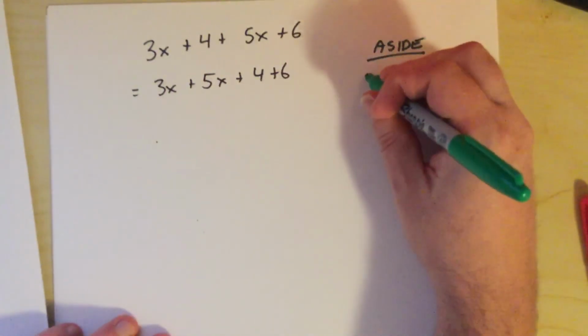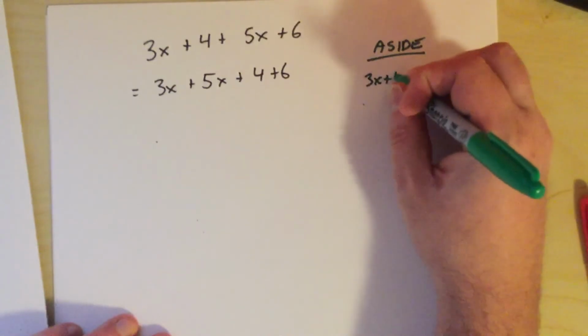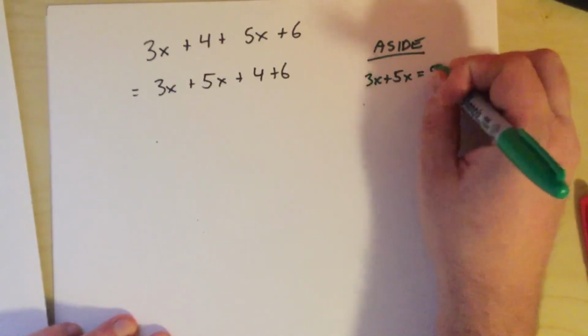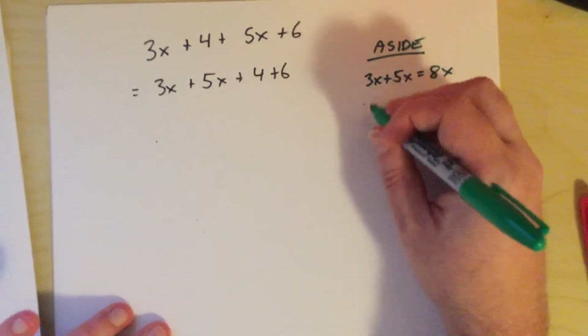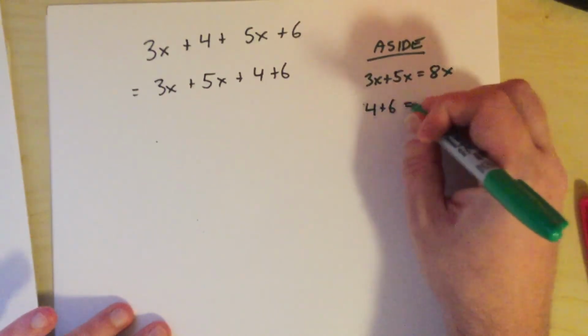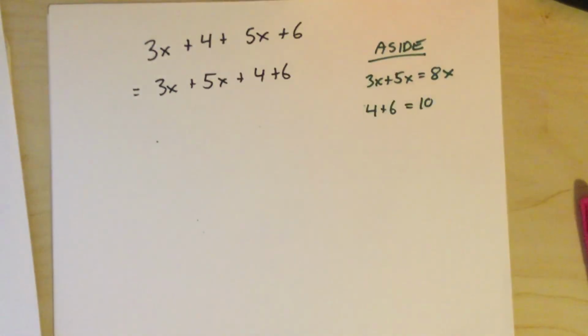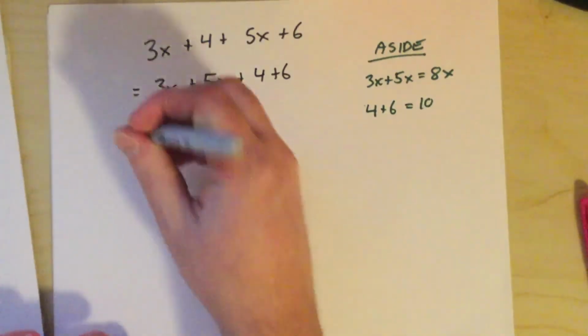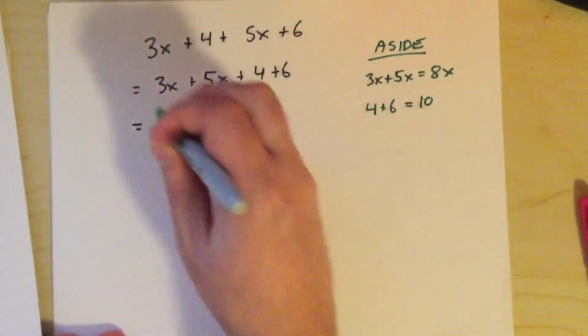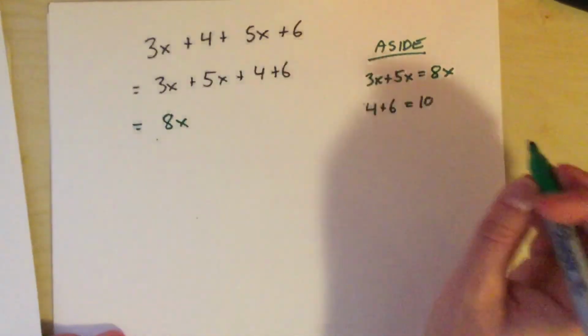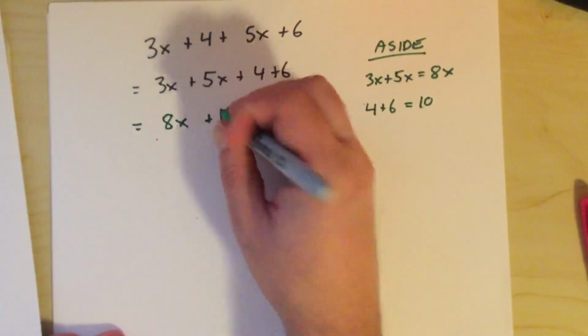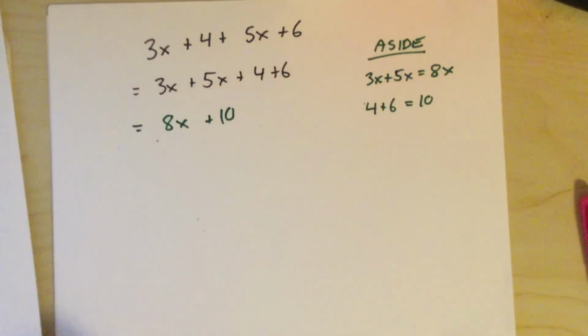So you could say, okay, 3x plus 5x equals 8x, and 4 plus 6 equals 10. Those are my side calculations. And now when I go back to our main equation here, 3x plus 5x is 8x, and 4 plus 6 is 10. And that is a much more mathematically appropriate way of writing these things.